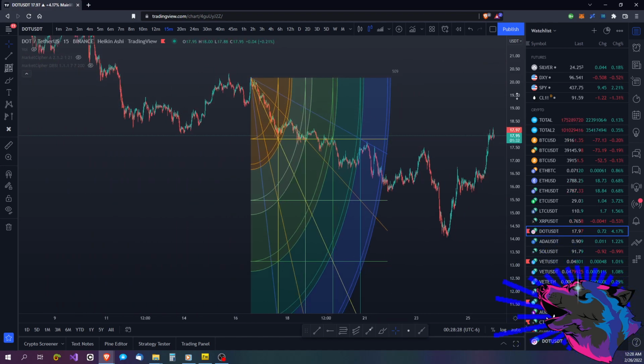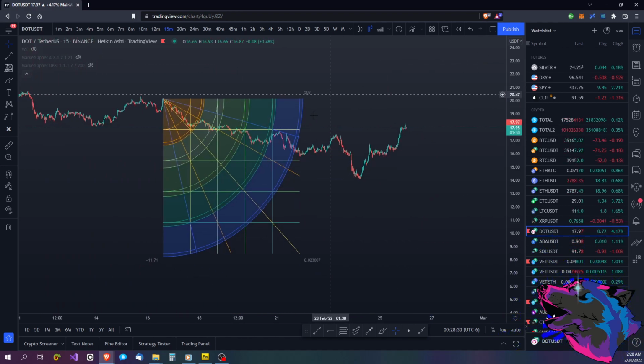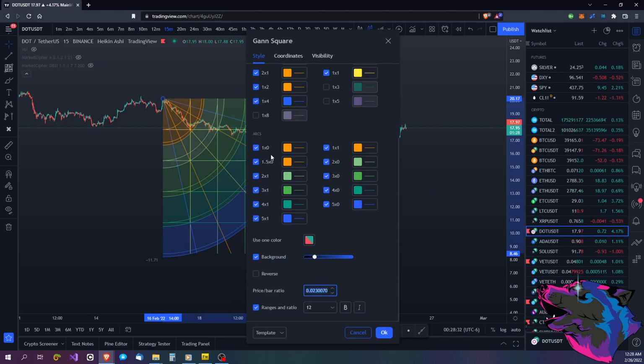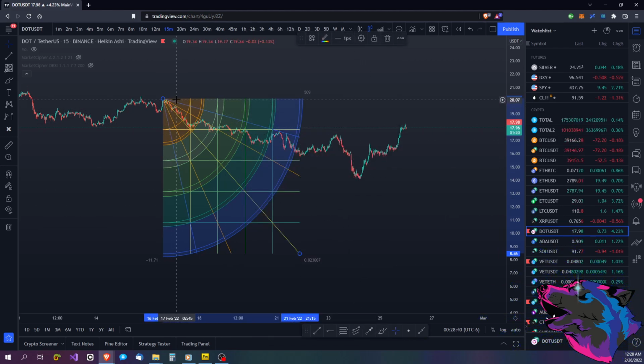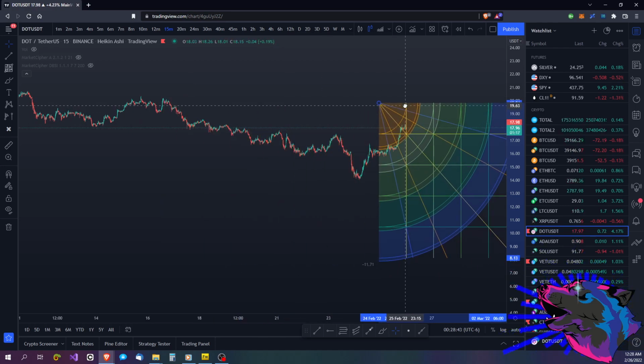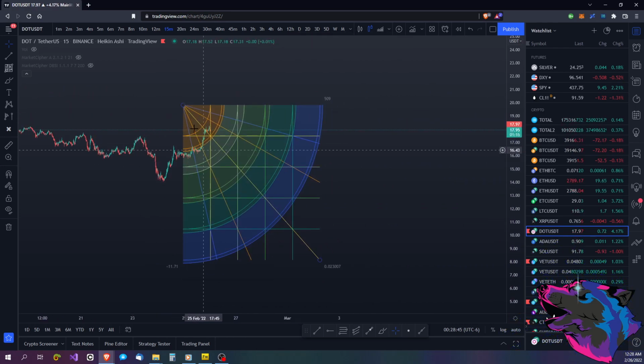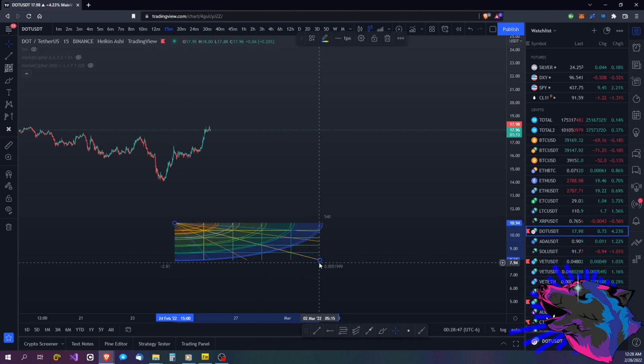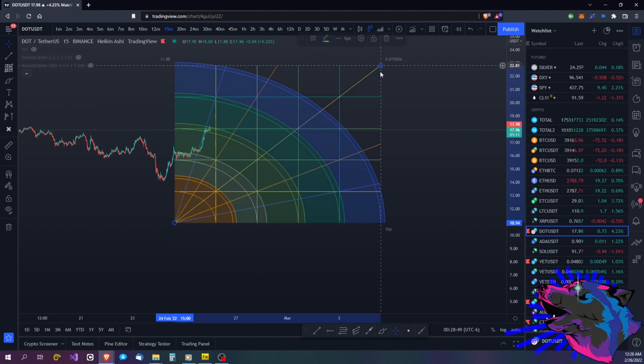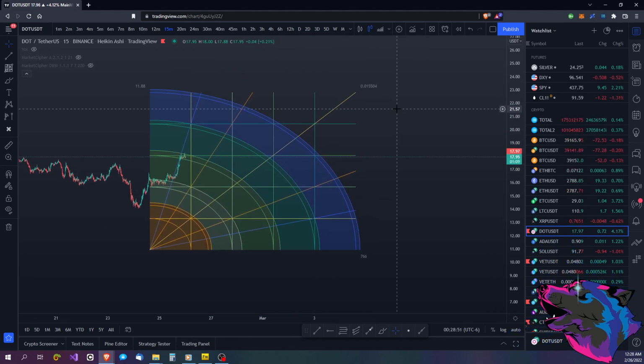All right, what do you guys think about the Gann Square? Honestly, depending on what I'm doing, I'll have some of these turned off, especially if I'm over here somewhere. And I should mention also, you can draw it that way. I can't remember if we did or not.